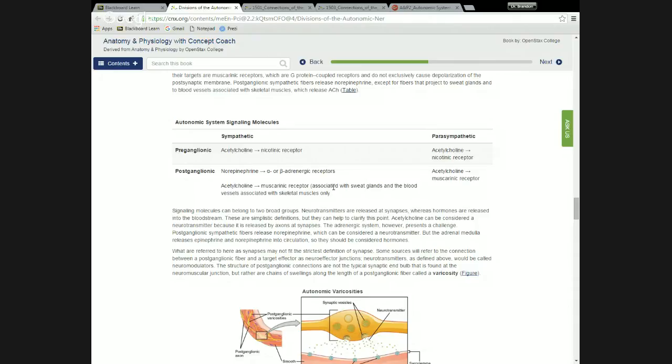Let me throw one last little thing in here, which is an asterisk right here. You can't quite see it on the screen, but there are a few exceptions to what I just said about the postganglionic sympathetic fiber. In some situations, the system doesn't have to quite conform to what's here.